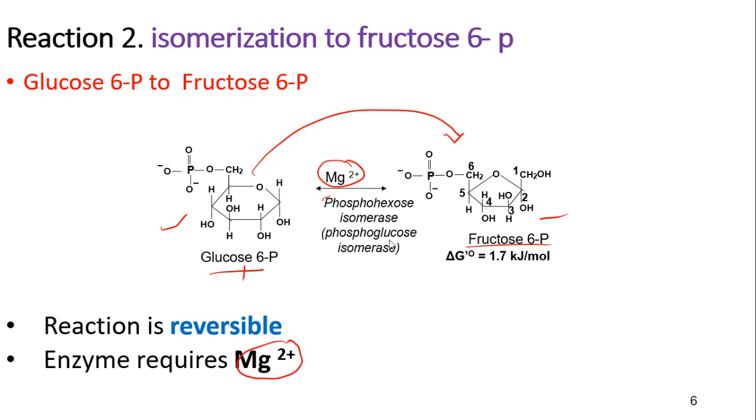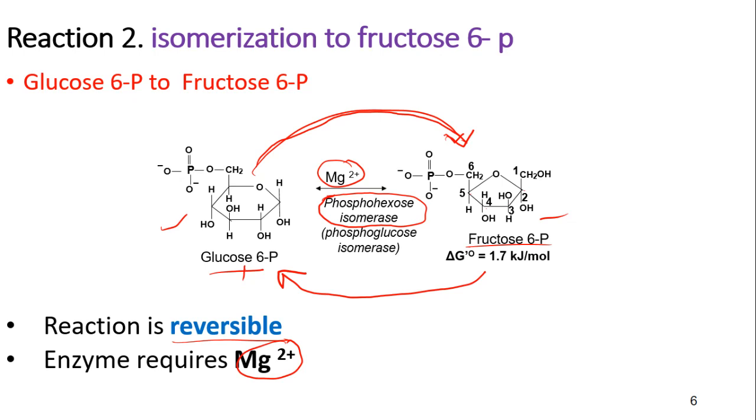Remember, this reaction is reversible, meaning this glucose 6-phosphate can be taken to fructose 6-phosphate, and this fructose 6-phosphate can be taken to glucose 6-phosphate, and the enzyme which is involved is phosphohexose isomerase, and this reaction is reversible.